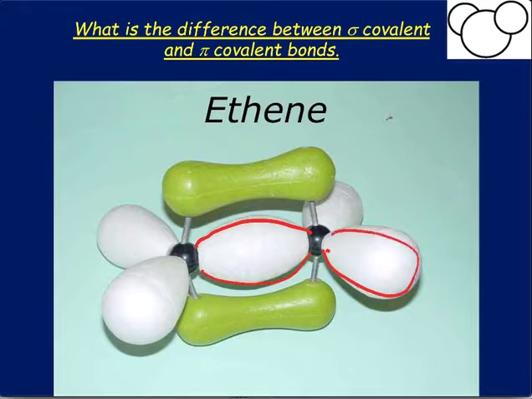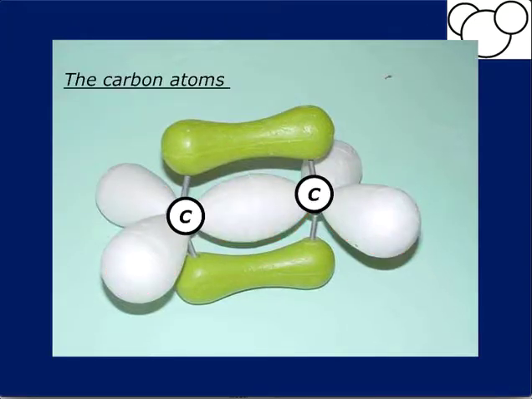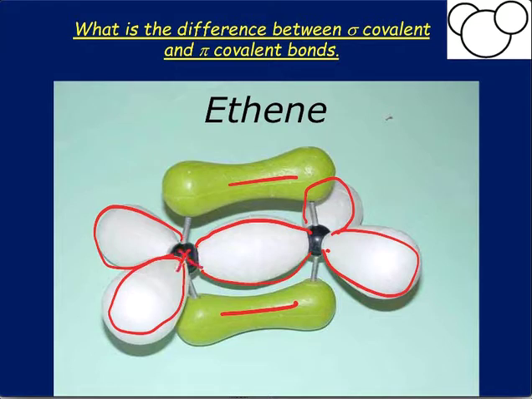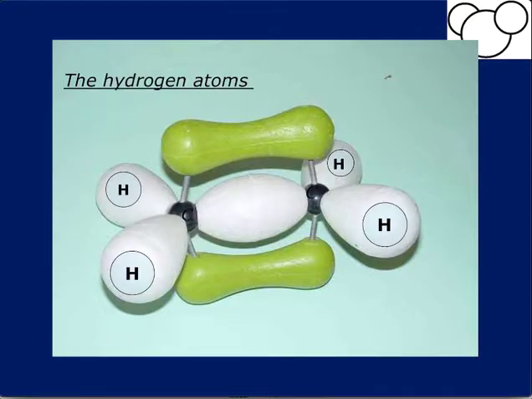between atoms. So these white regions are where electrons are being shared, and these green ones up here mean something else. The first thing we're going to say is that these little black dots that were here and here are our carbon atoms. So if our carbons are here, it must mean that our H's are out at the end of these white regions. So this is where the dot and the cross are orbiting, being shared between each carbon and each hydrogen. So these are the sigma bonds.